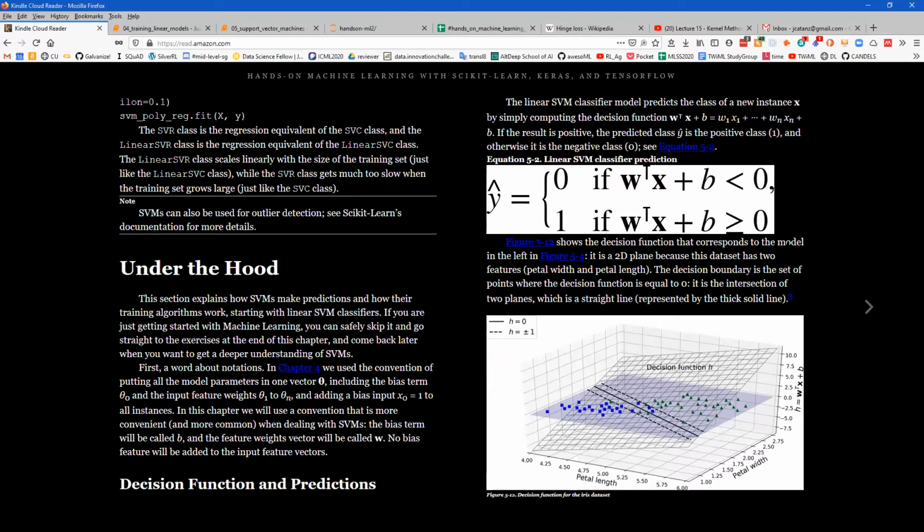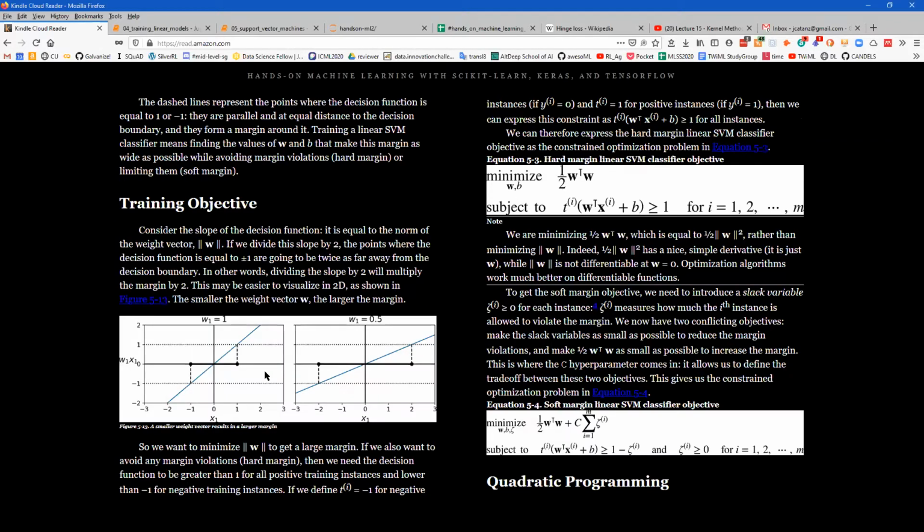So let's see, where does he actually say? Yeah, the slope of the decision function. But then it looks like he might be talking about this 1-dimensional version of the problem, where you're looking at the slope of the decision function against only one of the variables.